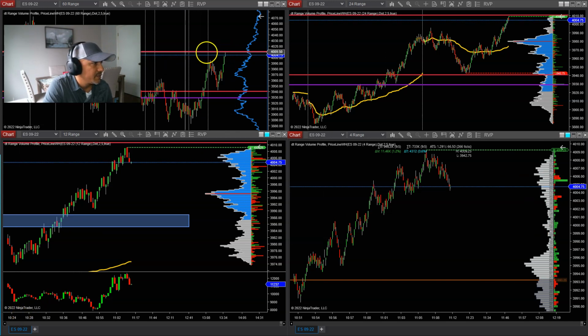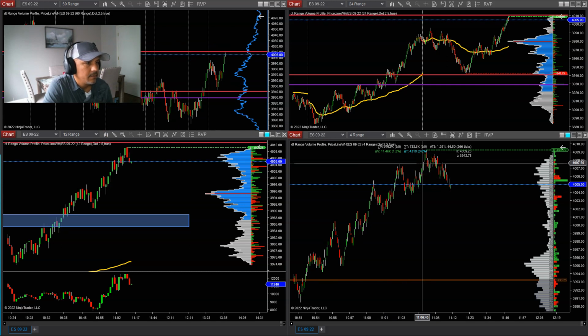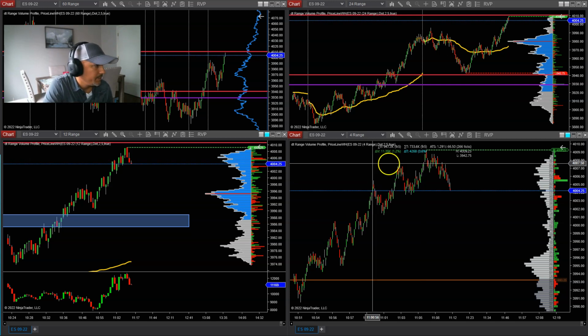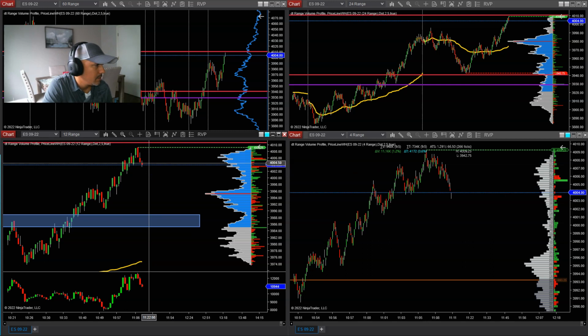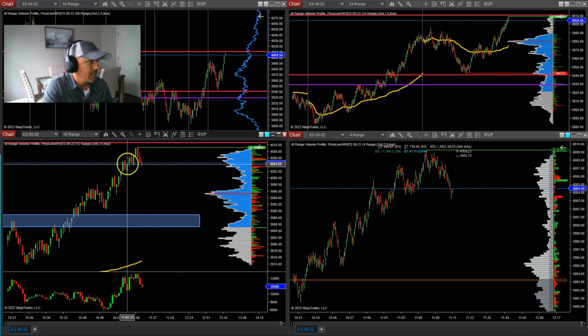Okay, this was rejection from the tops up here of this area of supply. Be careful because price could bounce. It could reject any of these areas right here.